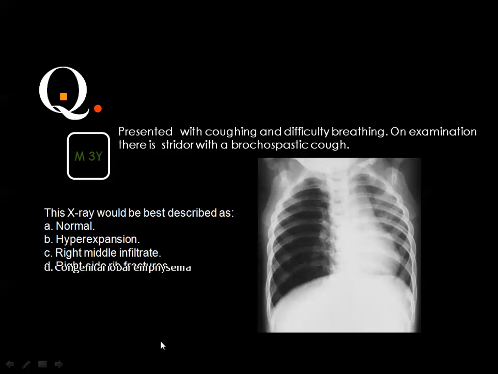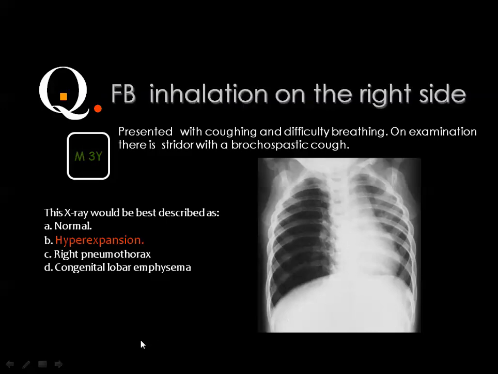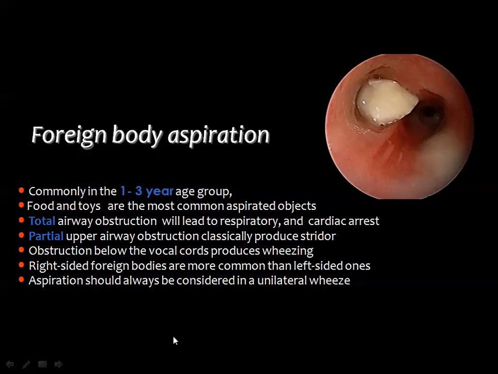Actually, the true answer is the hyperinflation or the hyperexpansion on the right side compared to the left with some shift of the cardiac shadow to the opposite side. And these findings in a reliable age group of the children is diagnostic of foreign body inhalation.